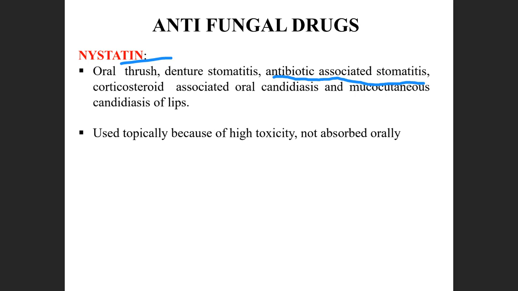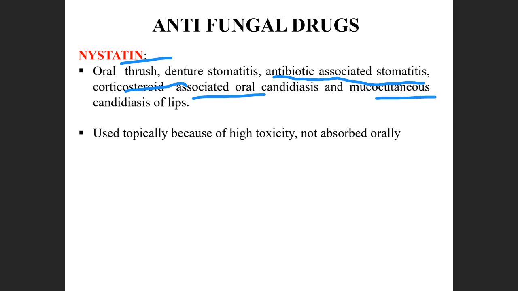I think 1 ml contains 100,000 IU or 10,000 IU. So based upon the dose, it is given 1 ml to 4 ml, rinsed in the mouth twice or thrice daily based upon the condition. It is also used for corticosteroid-associated oral candidiasis and mucocutaneous candidiasis in the lips.